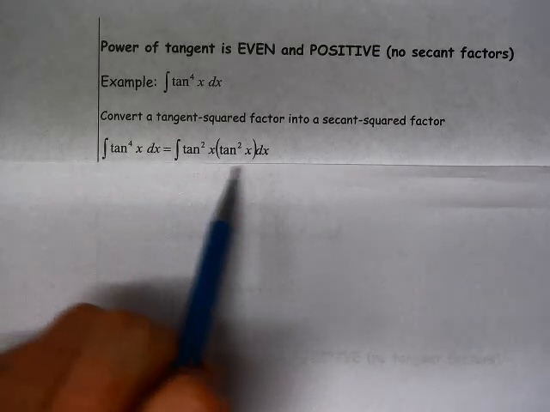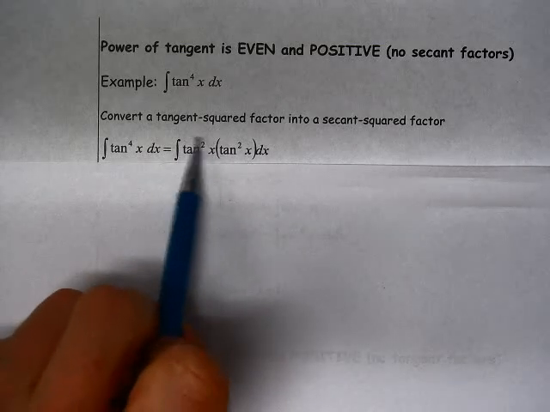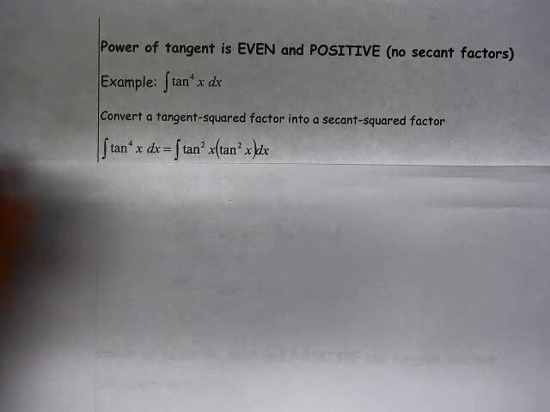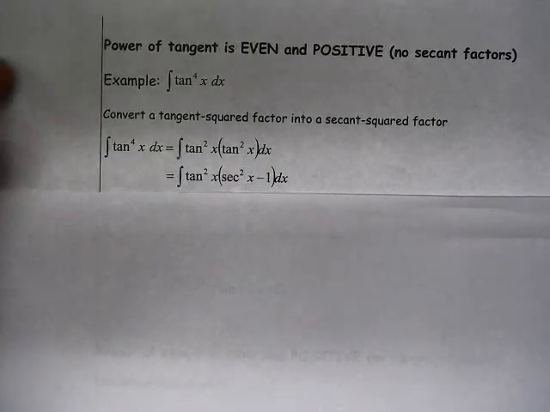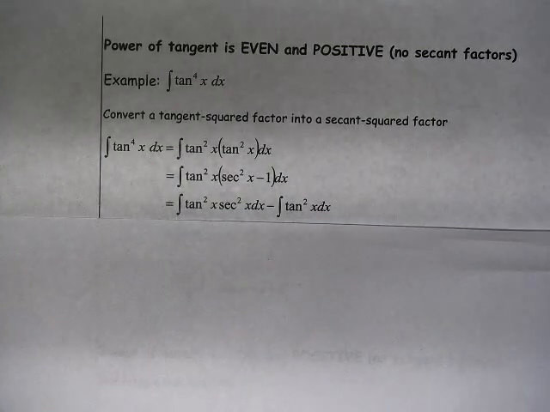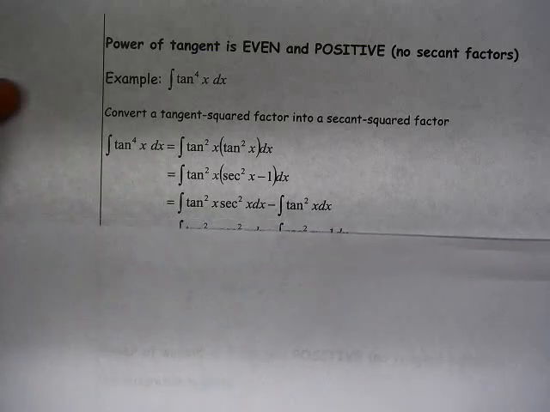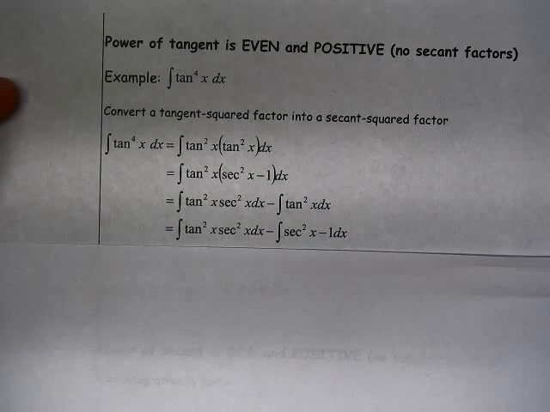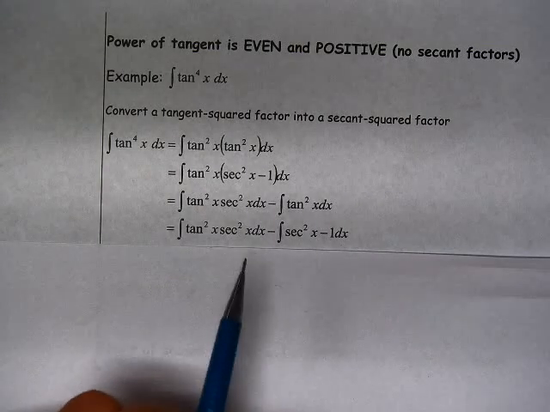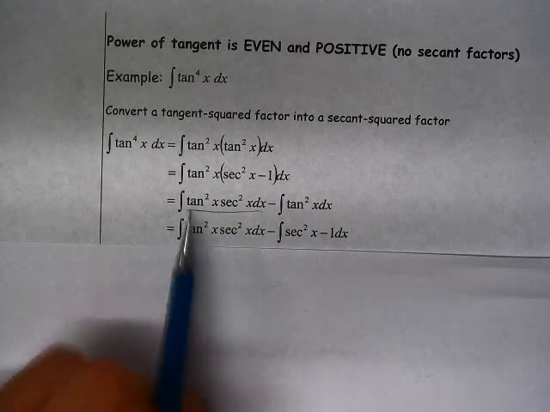So we're going to factor out a tangent squared. Whatever's left is just going to go here. This becomes secant squared minus 1. I distribute the tangent. So now this first integral is in the form that I want it.